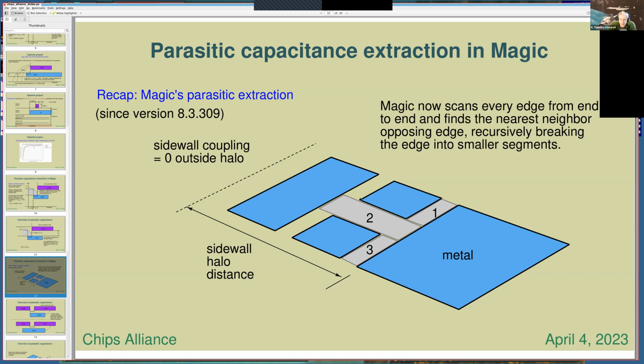For the sidewall capacitance, I had implemented a routine in MAGIC that would find the nearest edge outward from any edge of metal, and then use those divided-down areas to compute what the sidewall capacitance is.